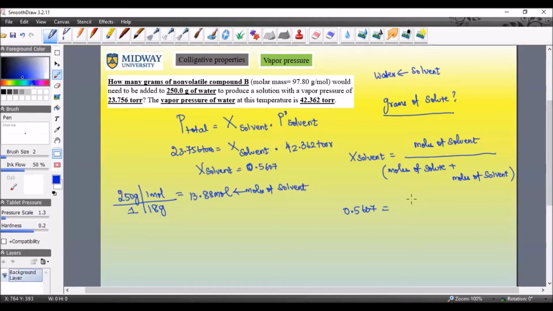So we know the moles of solvent is 13.88 moles. Let's call the moles of solute X for now, so X plus moles of solvent is 13.88.